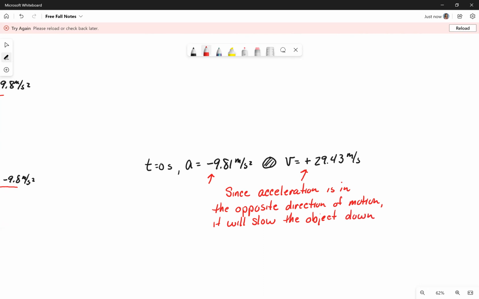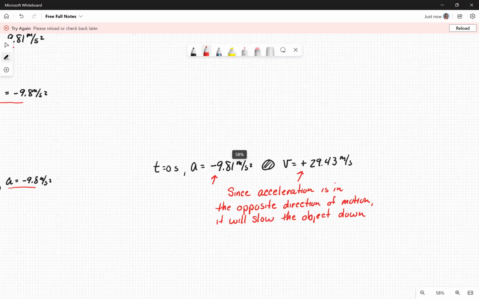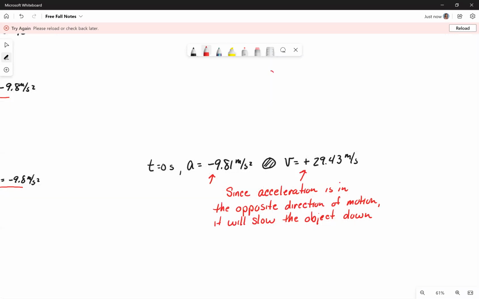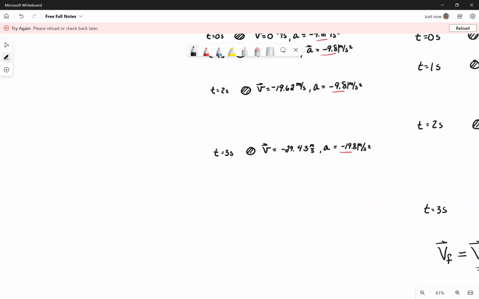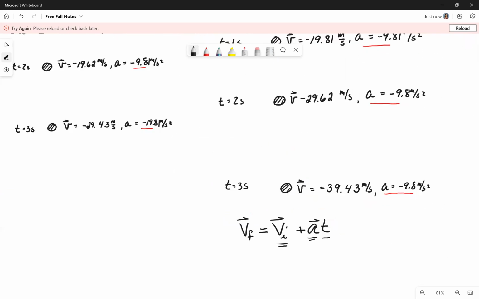Okay. So our next scenario, right? It's going to be going pretty fast, so we can say maybe we are about right here. And our velocity in this case is going to be still positive, but it's going to decrease from the 29.43 and actually be the same value that we had over here when we were falling down, 19.62, right?